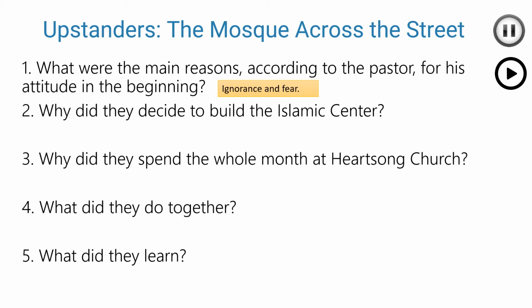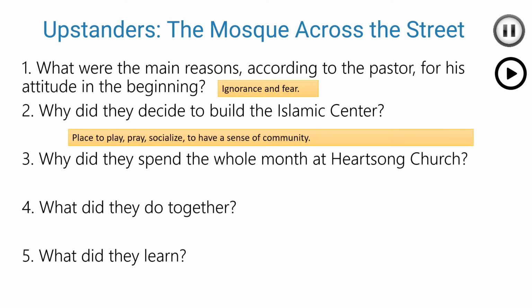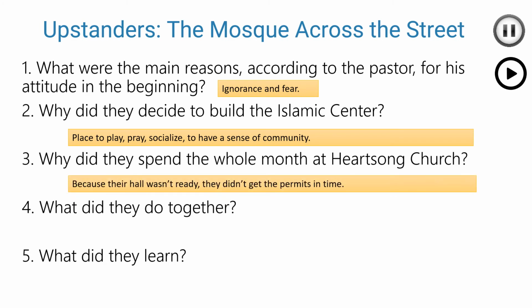The main reasons were ignorance and fear. They needed a place to play, pray, socialize, and to have a sense of community. They spent the whole month there because their hall wasn't ready and they didn't get all the permits in time.